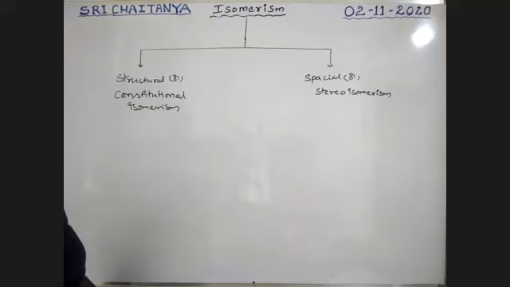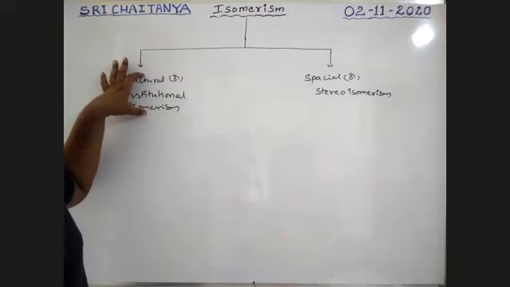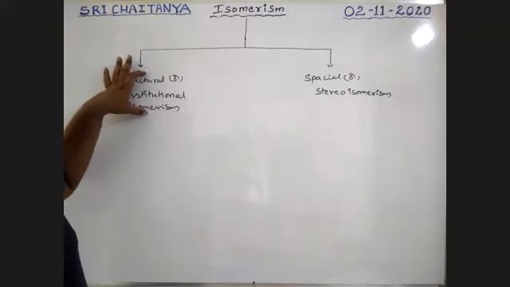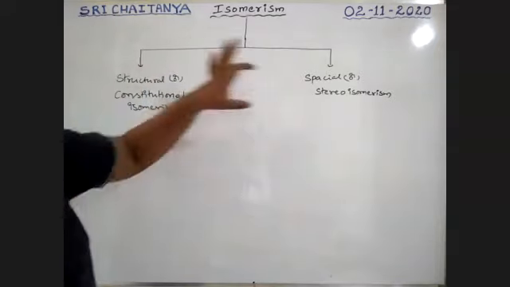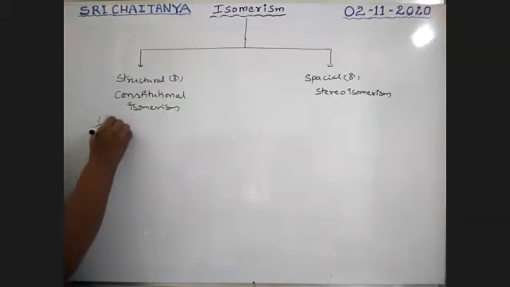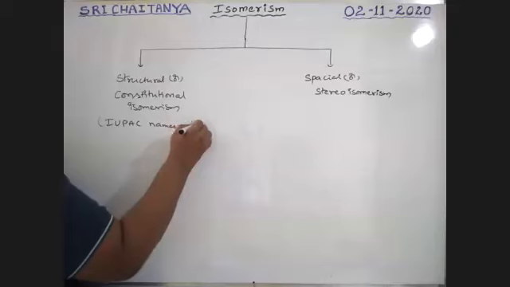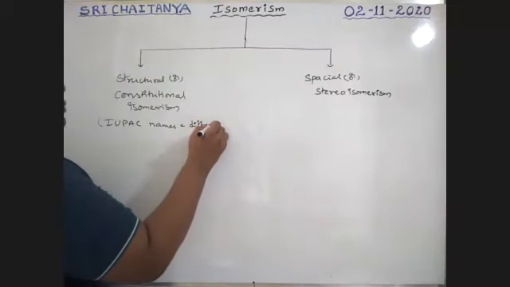Okay. Now, depending on the structures that we observe, this structural isomerism is broadly divided into different categories. Boys, in structural isomerism, if you write the IUPAC names of the compounds, those IUPAC names are different. But here the IUPAC names are the same.